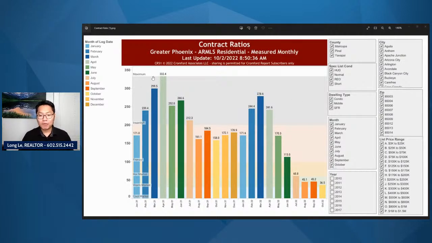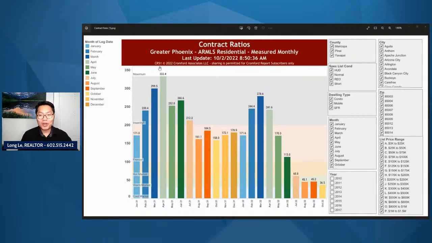For example, if you remember back to when we had COVID, instead of demand going much lower, we actually had really high demand at that time, mainly because the interest rate was super low and people didn't know what to do. They couldn't go to work, so the only thing they could do was go shopping for houses.